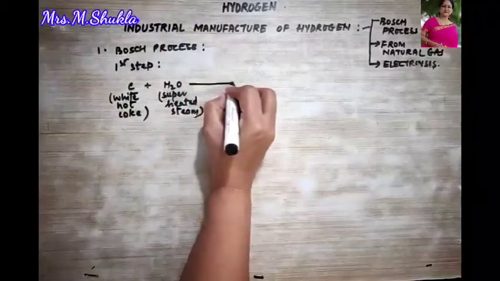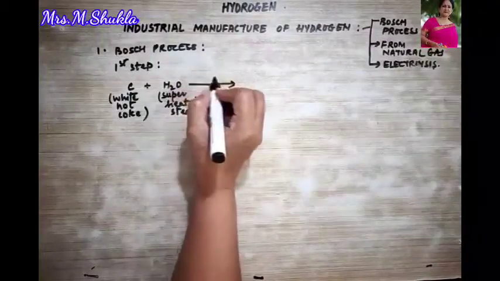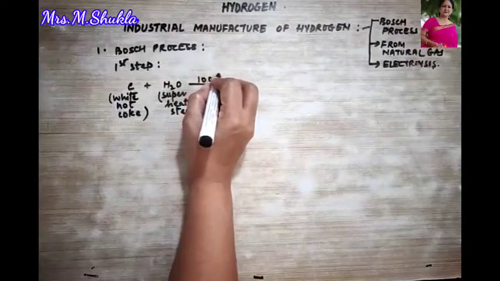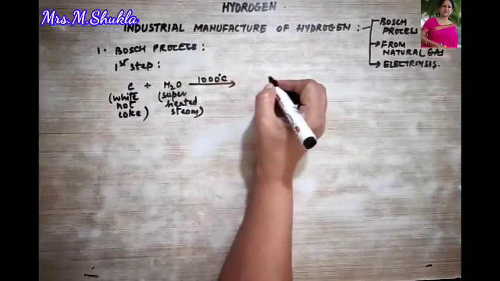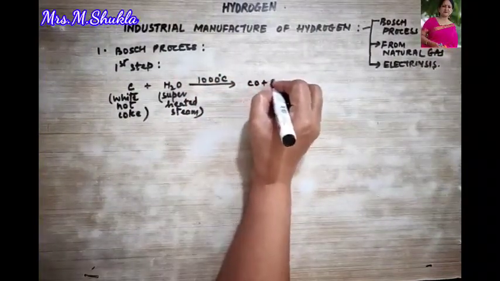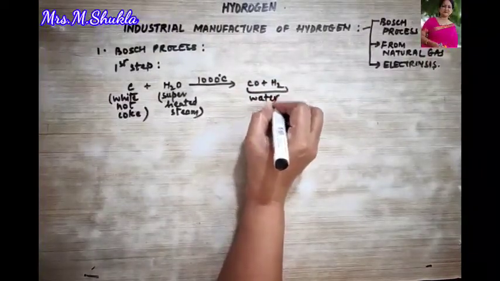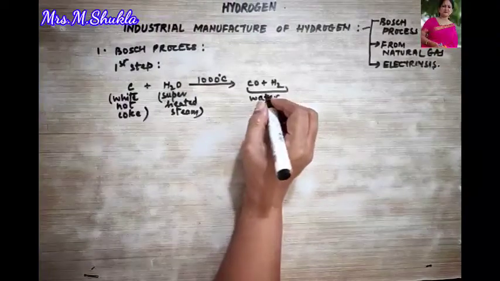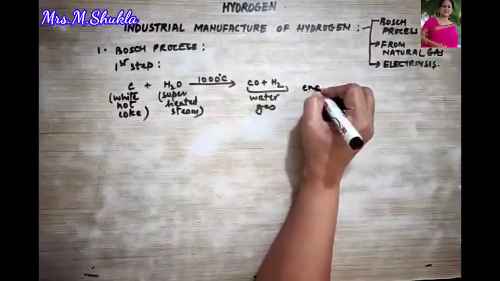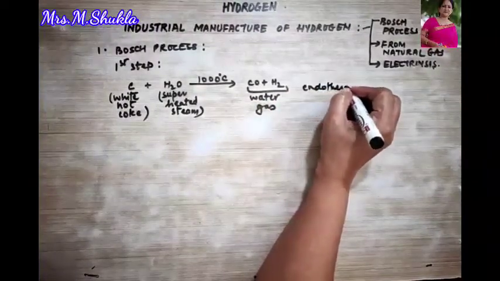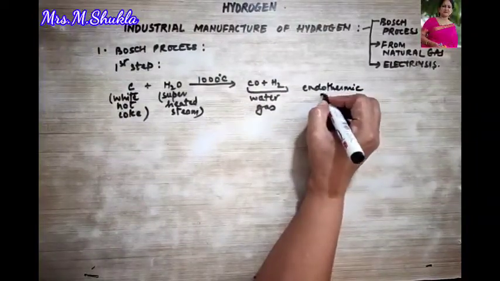Clear? When they are treated at 1000 degrees Celsius, they form a fuel gas. What is that fuel gas? It is called water gas. And this is your endothermic reaction. Now why is it an endothermic reaction?